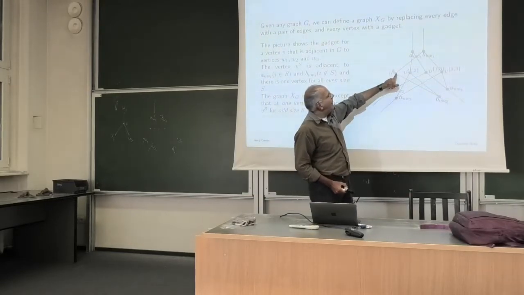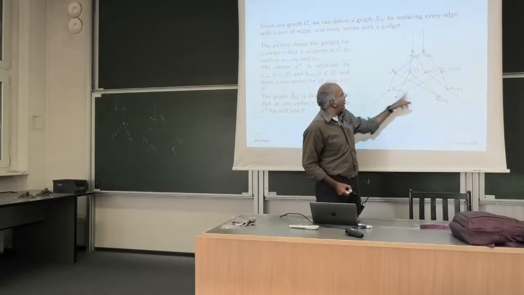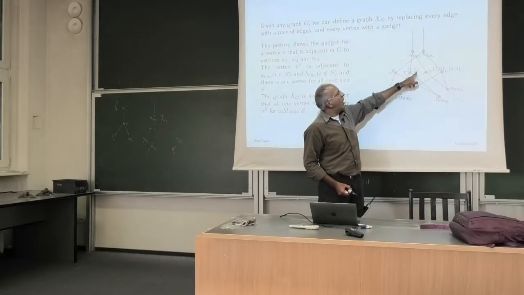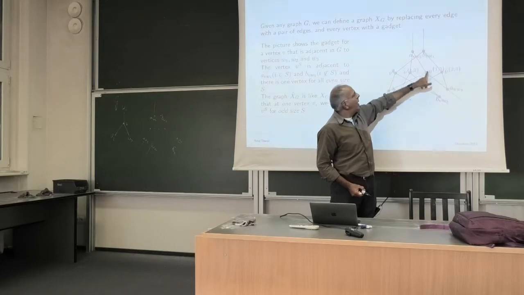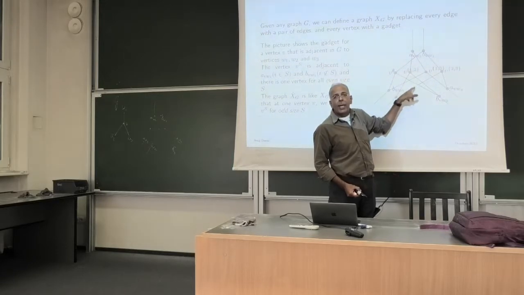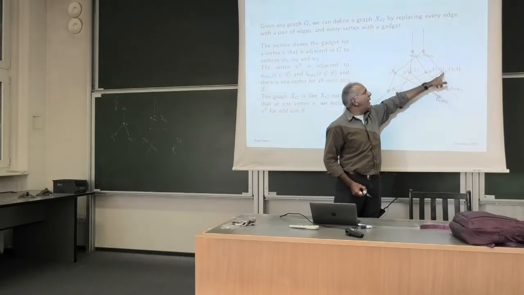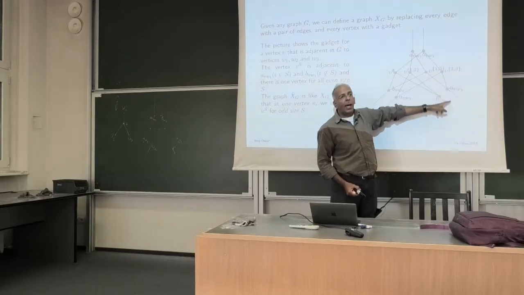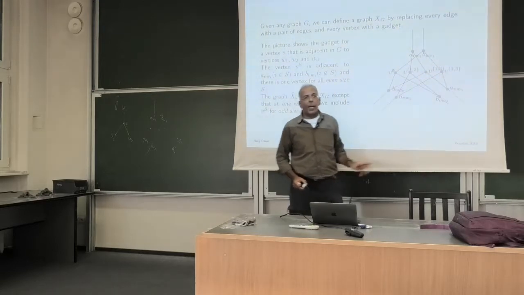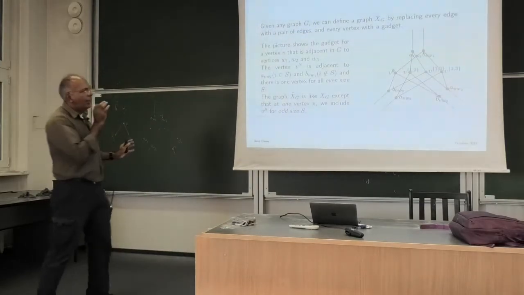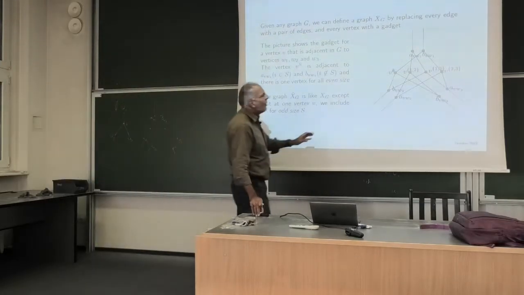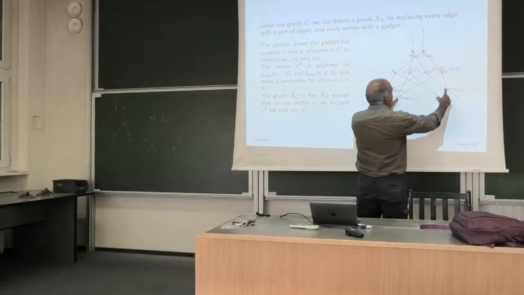So if it's the empty set, I connect to all three B's. I have the set 1, 2, so I connect to A1 and A2, but to B3. When it's 1, 3, I connect to A1 and A3 and B2, and this one I connect to A2 and A3 and B1.